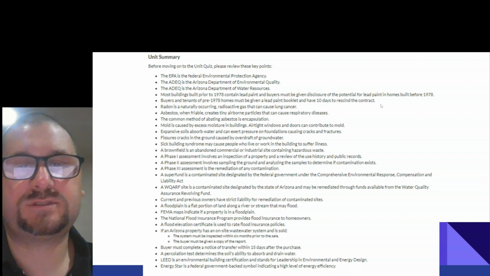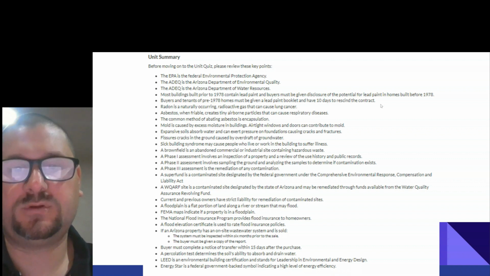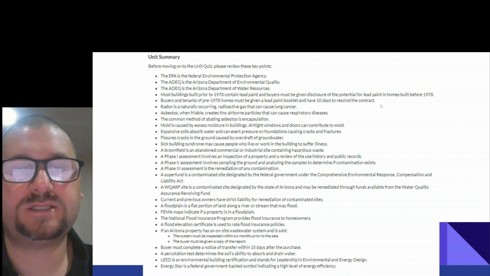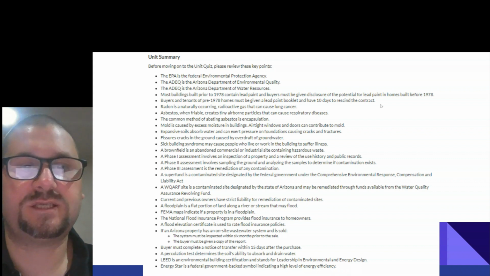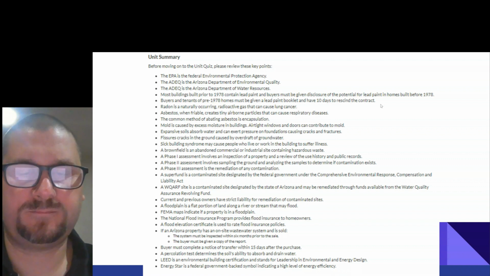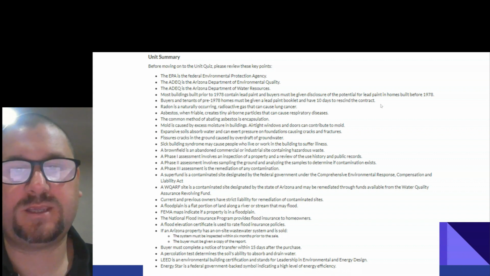Current and previous owners have strict liability for remediation of contaminated sites. A floodplain is a flat portion of land along a river or stream that may flood.